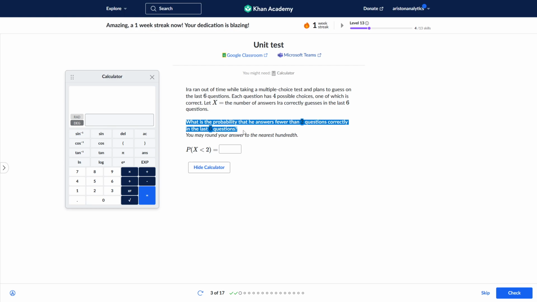What is the probability that he answers fewer than 2 questions correctly in the last 6 questions? Cumulative, binomial cumulative probability. Fewer than 2, so that's 0 or 1.